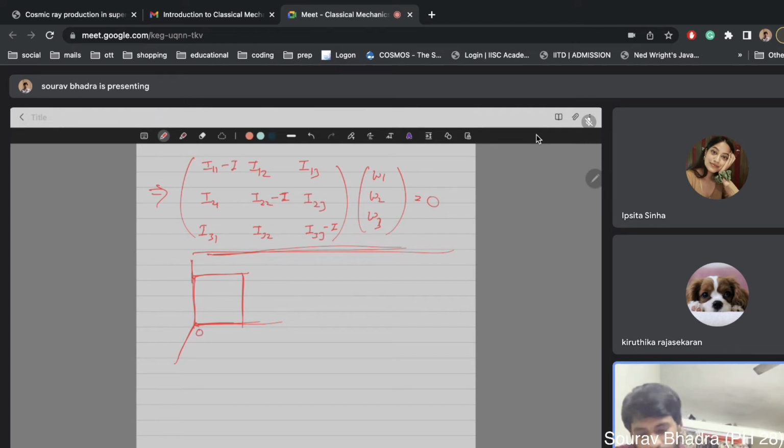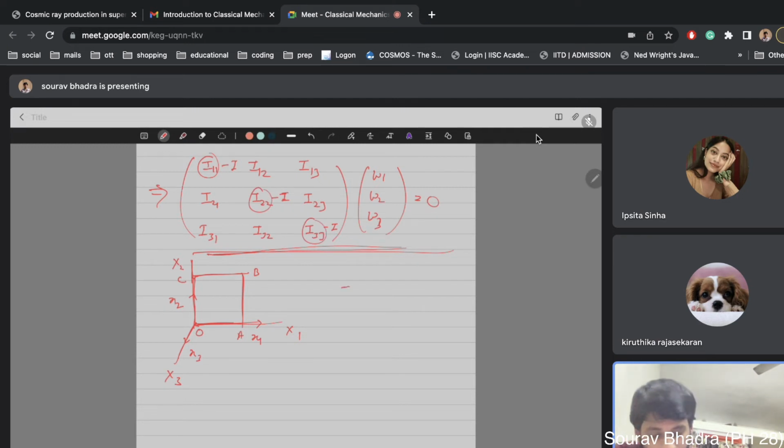Let us call the axes x2, x1, x3, and the unit vectors are small x3, small x1, small x2. Now let's give it a name, 0 a b c. It is a rectangular or square lamina, whatever you can say.